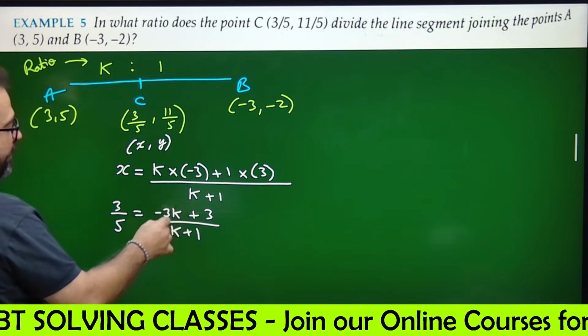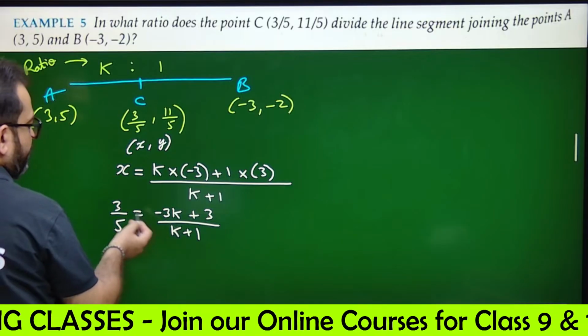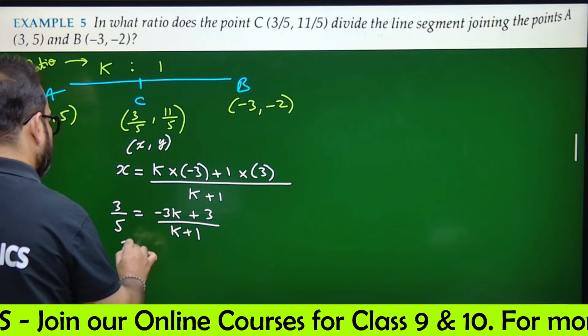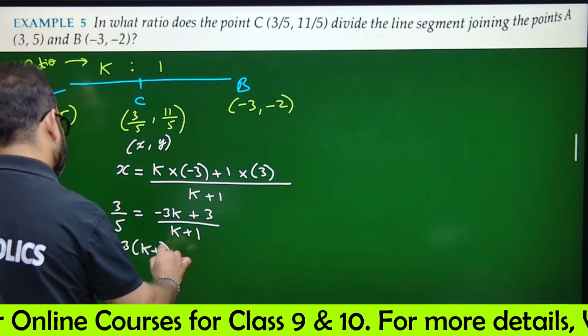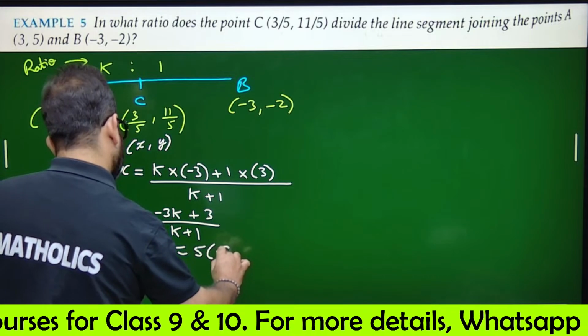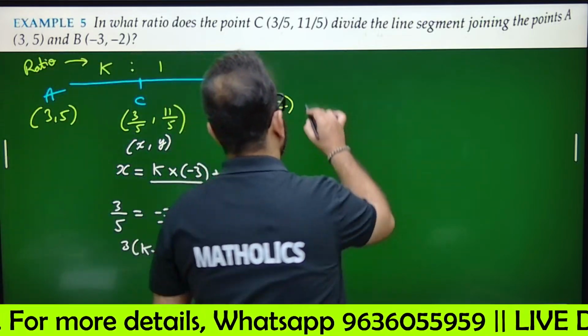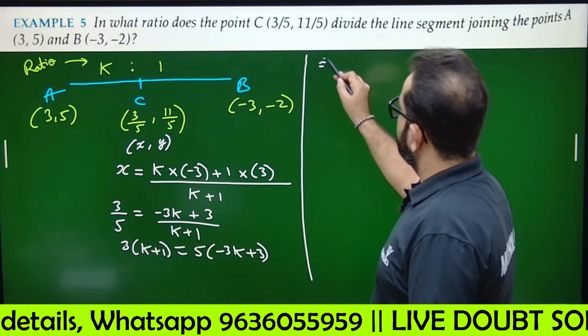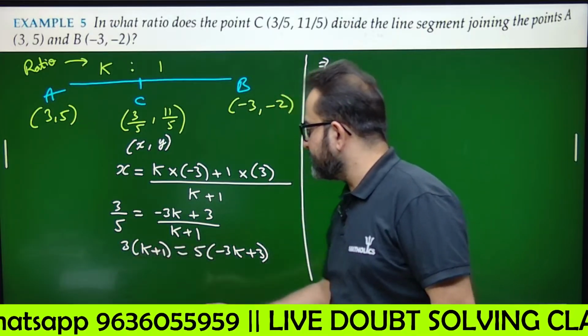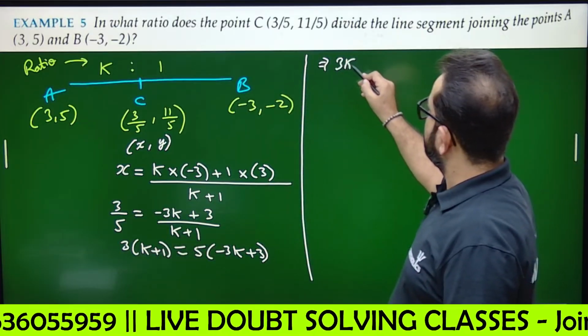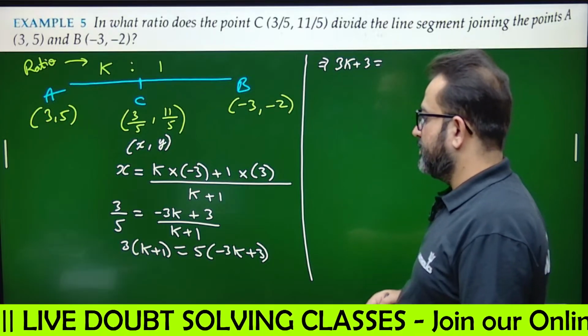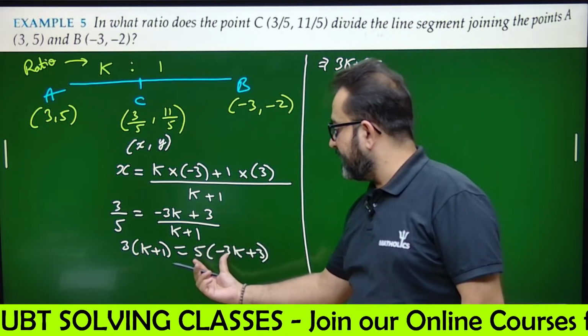Cross multiply and we can find the value. So 3 into k plus 1 equals 5 into minus 3k plus 3. So 3k plus 3 will be equal to minus 15k plus 15.